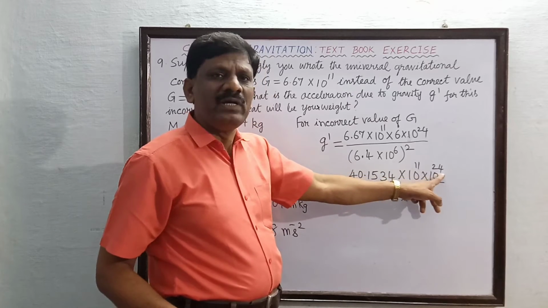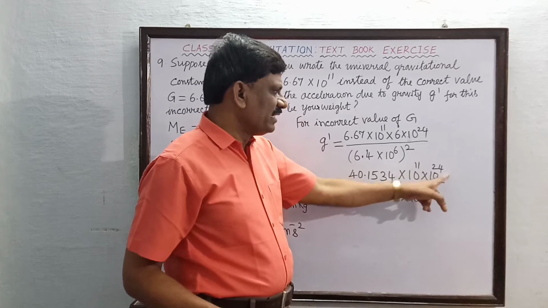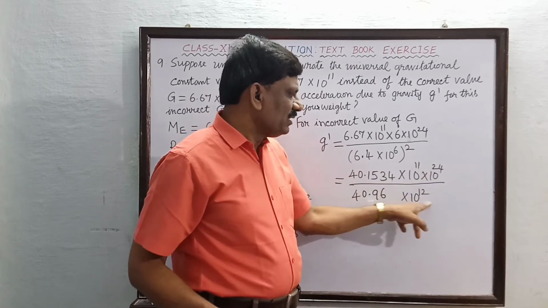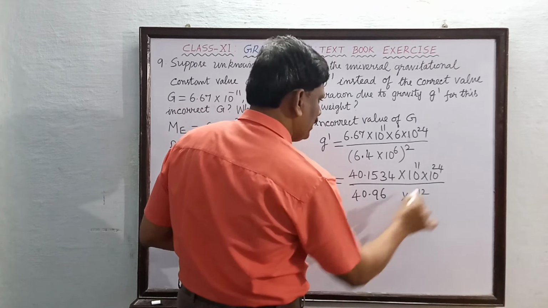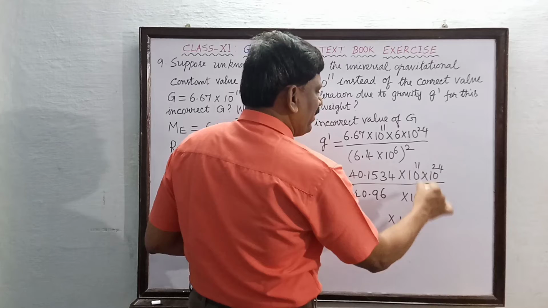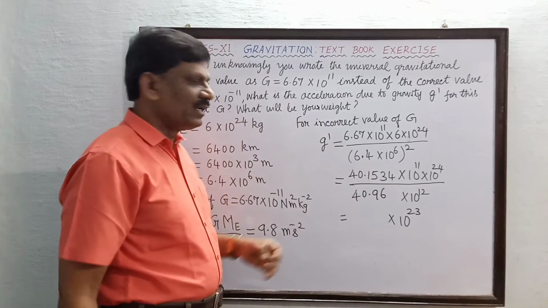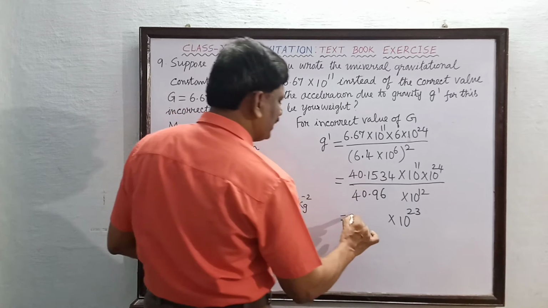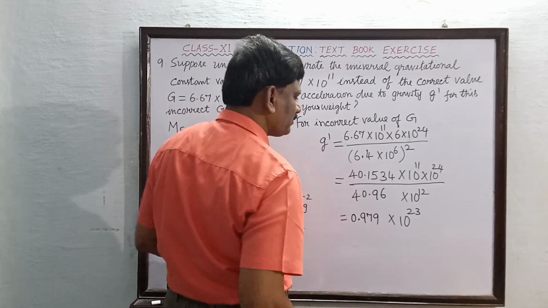10 power 24 into 10 power 11 is 10 power 35. This 10 power 35 minus 10 power minus 12 will come, is it not? So this will be into 10 to the power of 35 minus 12. This 10 power 23 will remain. And this ratio if you find, it is coming as 0.979.